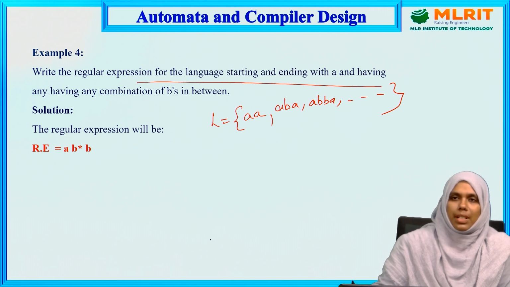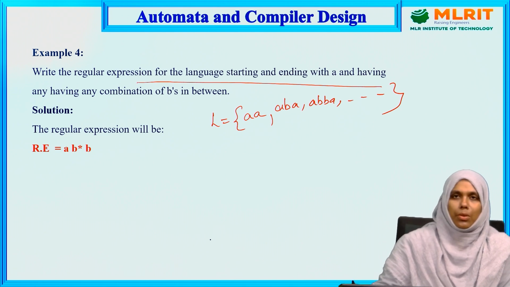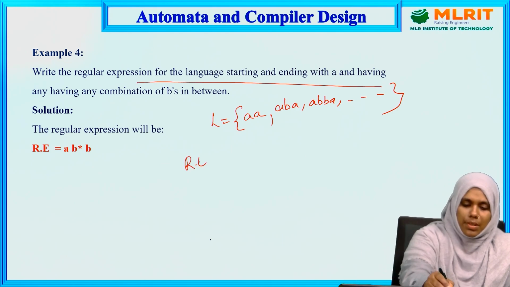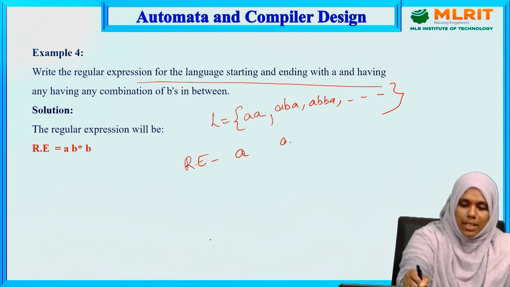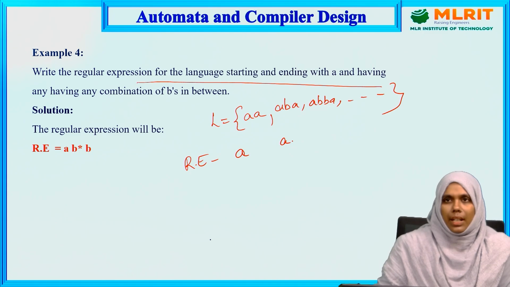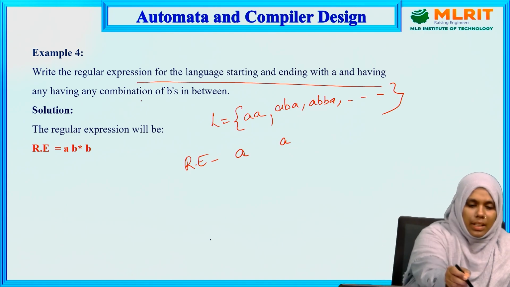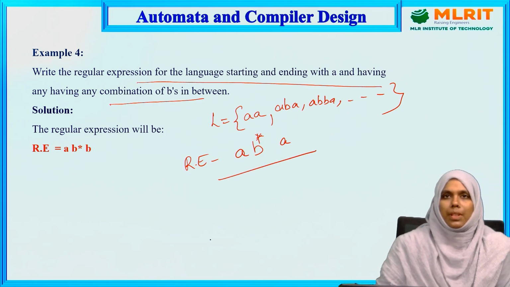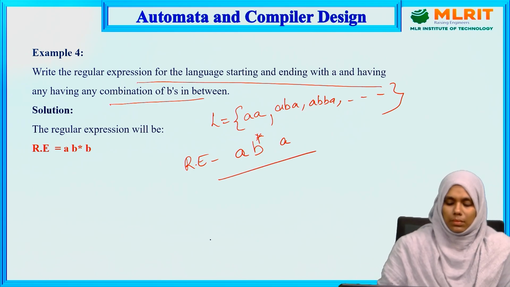Any number means it can be 0 b's, 1 b, 2 b's, or so on, n b's. So what is the regular expression? a and a are compulsory, because it starts with a and ends with a, and any number of b's in between means you write b power star. This is the fourth example.